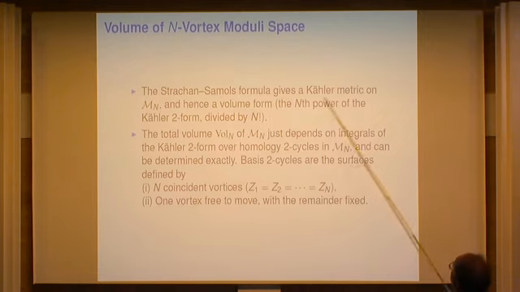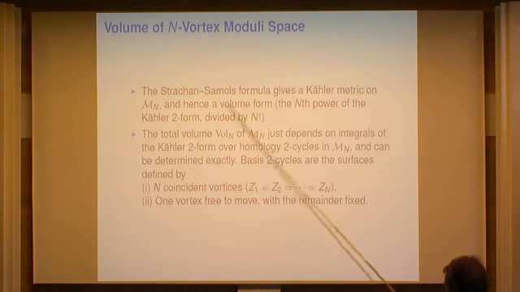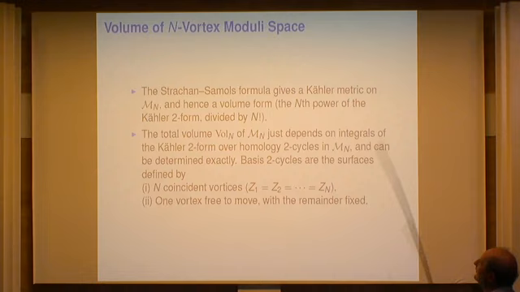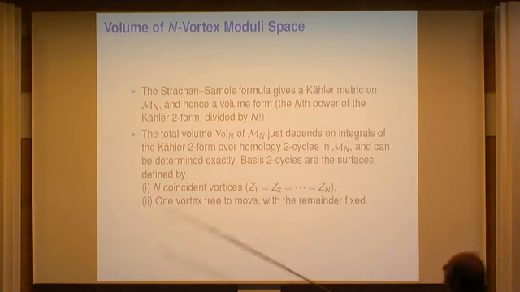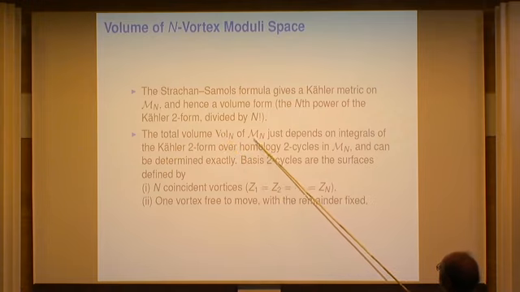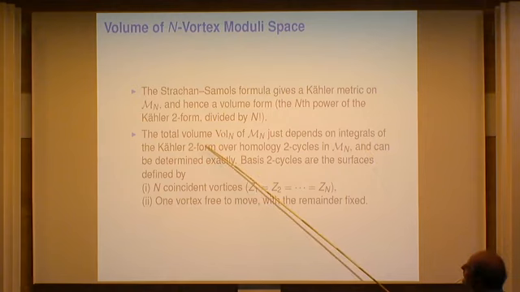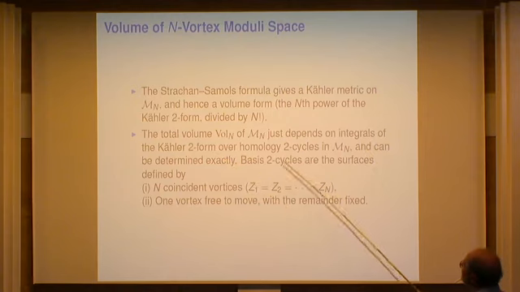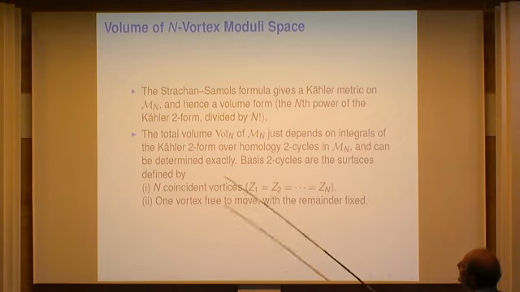So we've got a Kähler metric, and hence a volume form, the nth power of the Kähler 2-form divided by n factorial, and we can actually work out the total volume. It turns out that's all very nice. So this work I did with Nazir, and the total volume of this moduli space just depends on integrals of the Kähler 2-form over homology 2-cycles, and can be determined exactly.